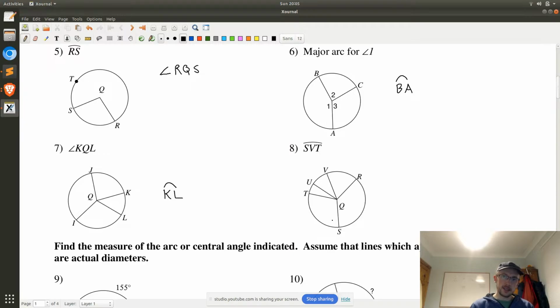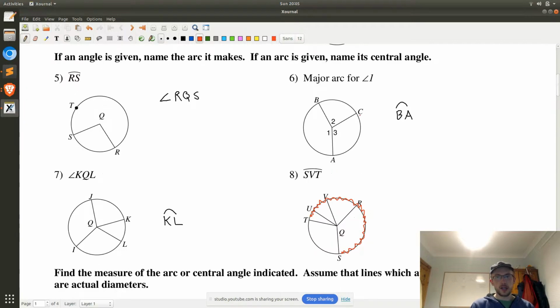Oh, I see. Okay. So what they're talking about there for SVT is this. They name the arc using 3 letters, and that's their system of disambiguating between the minor and major arcs and being totally sure about what arc they're naming exactly.